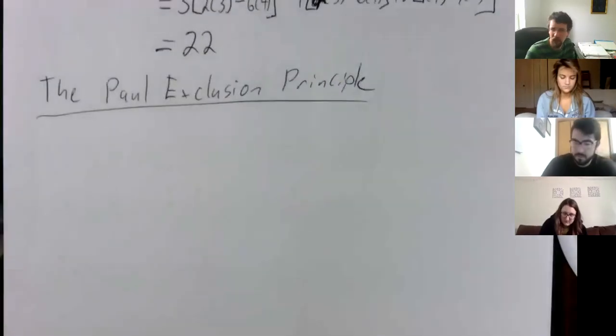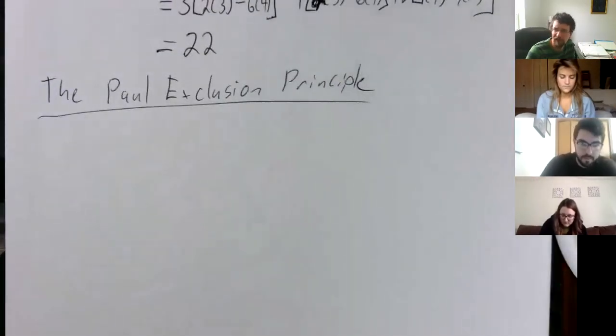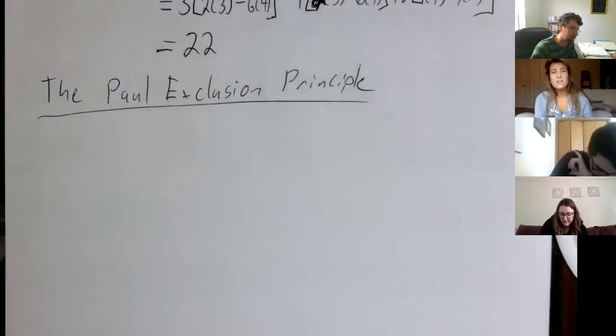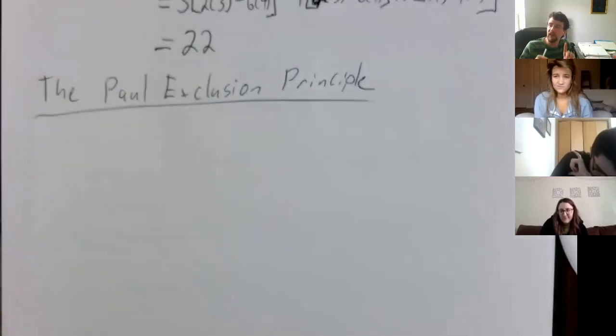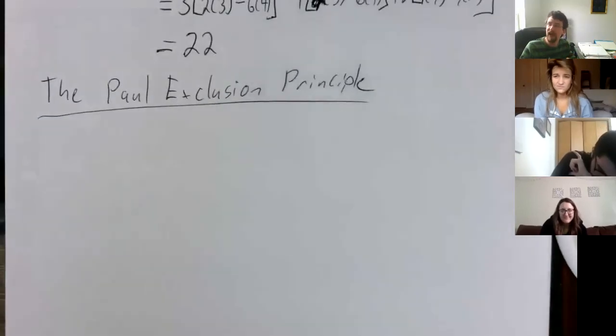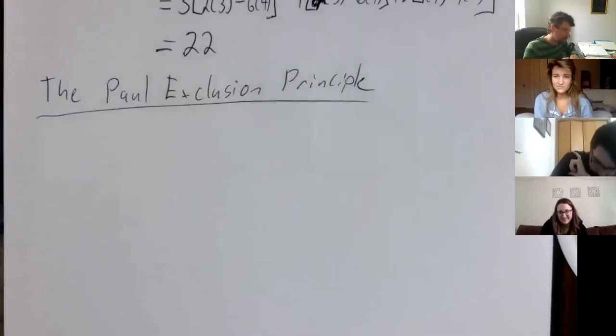Can anyone describe it for me? It's the spins, one has to be up, one has to be down. Right. So the electrons have to have a different set of quantum numbers. They can't occupy the same quantum state.